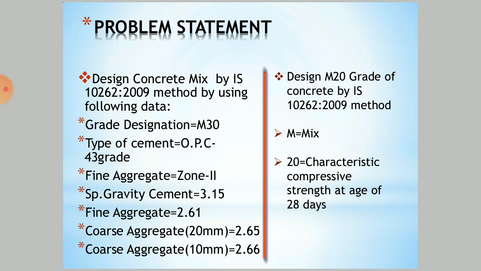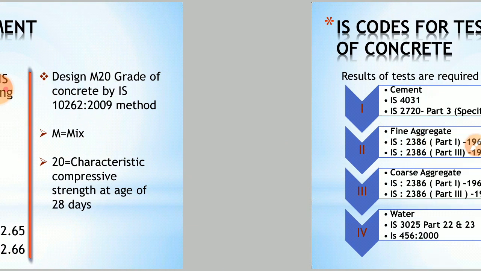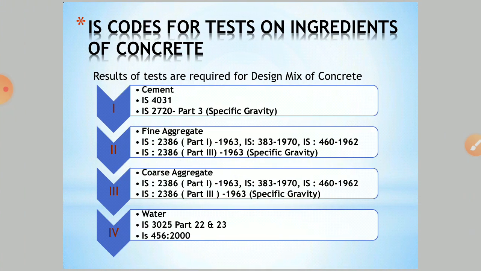So always remember, this is important in case of competitive exams also, what is the meaning of M and what is the meaning of 20. I will discuss the importance of this topic with respect to your competitive exam also during this lecture.